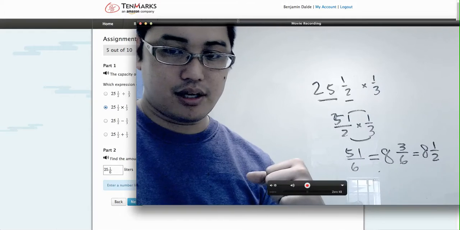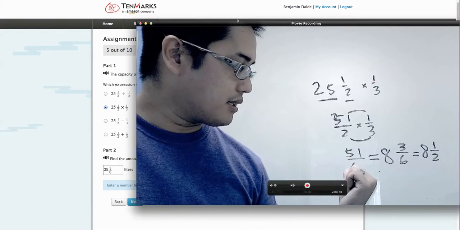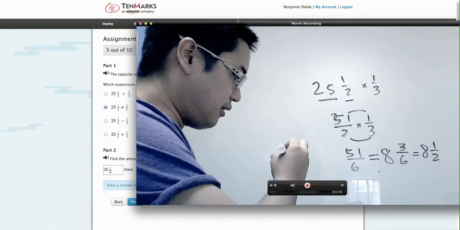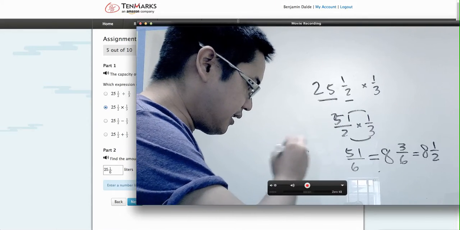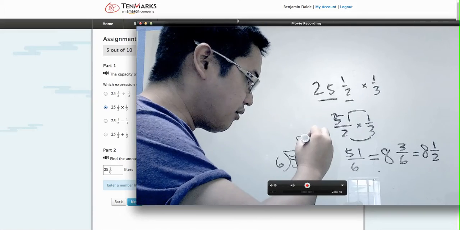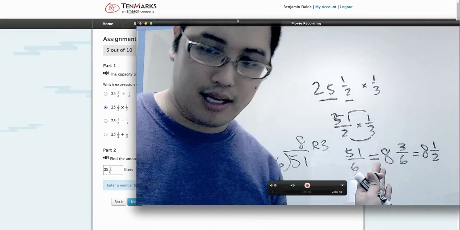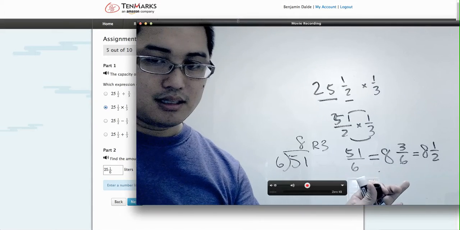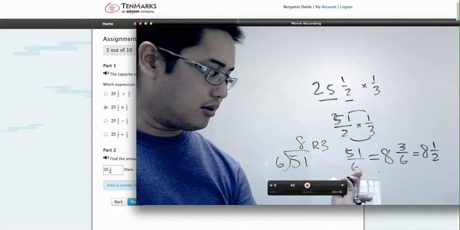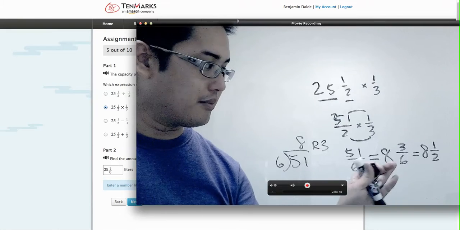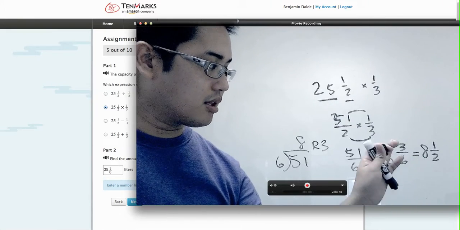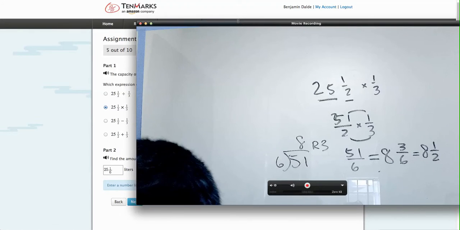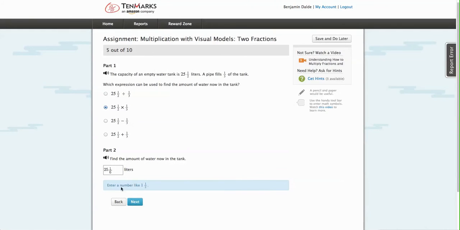One way to think about it is if you set it up like this, 51 divided by 6, you would get 8 remainder 3. That's exactly what I have: 8 wholes, remainder 3/6. And then you can reduce the 3 over 6 to be 1 over 2. I know that sounds a little confusing. Maybe it's extra steps, but I honestly think that's the best way to do that problem.